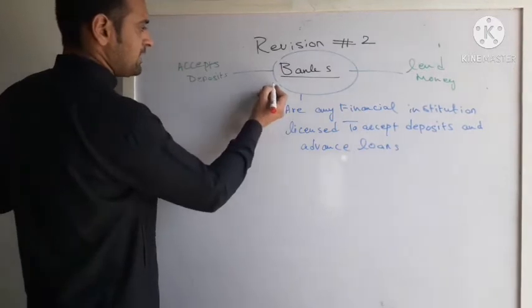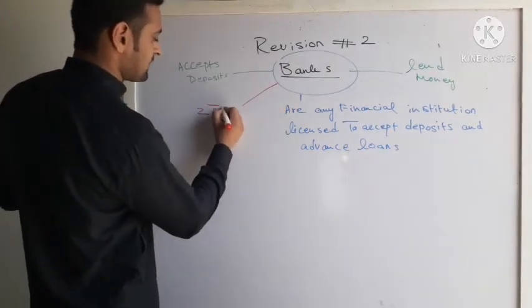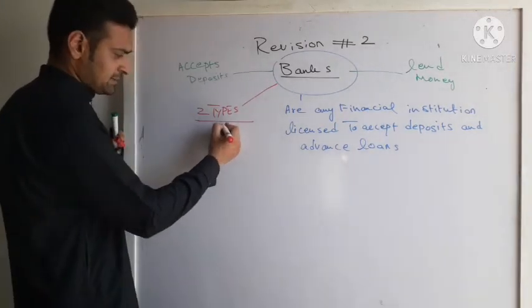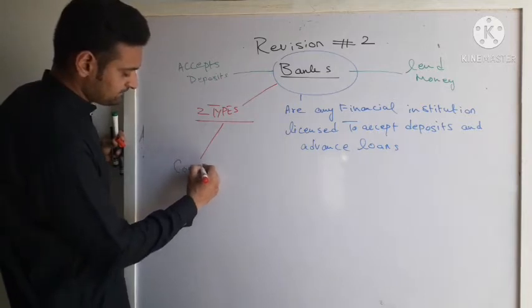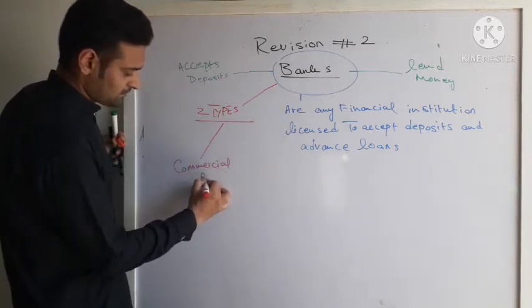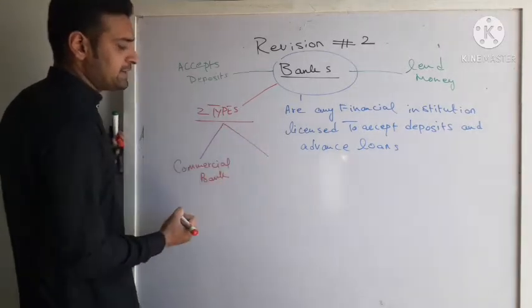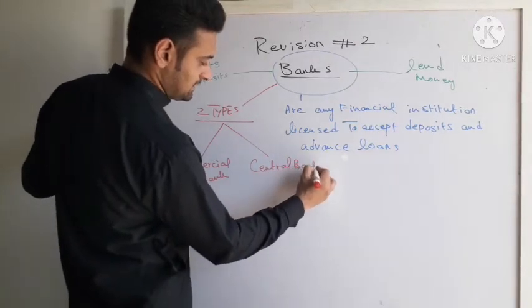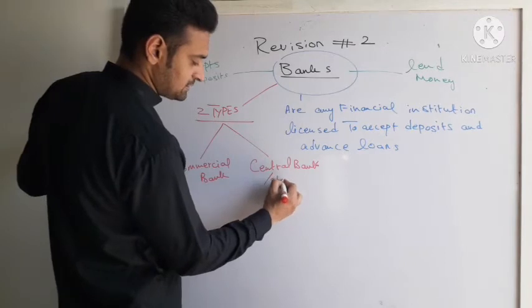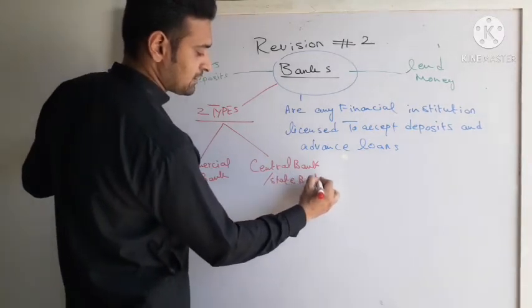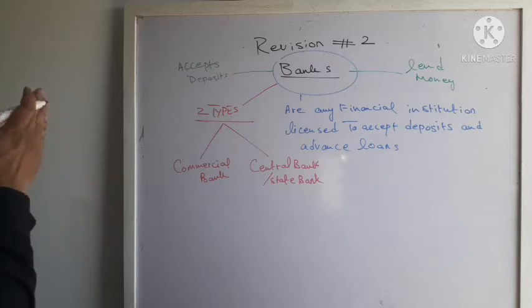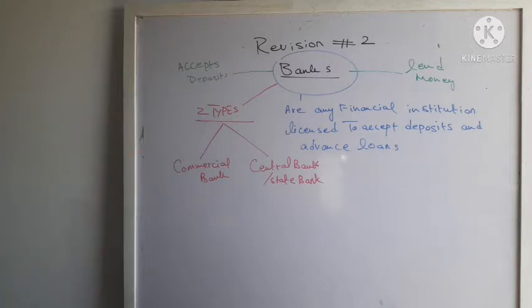We have two types of banks in an economy. The very first one is the commercial bank, and the second one is the central bank or the state bank. Now everyone is wondering what the difference is between the commercial bank and the state bank or central bank.